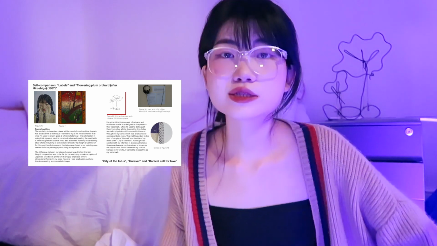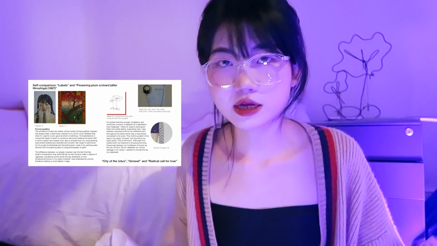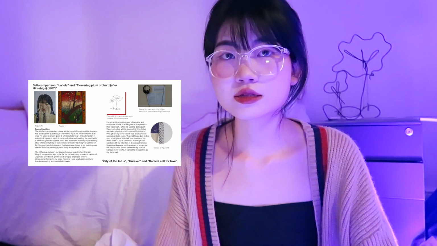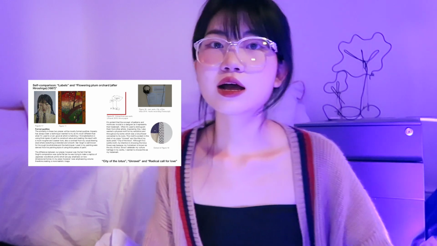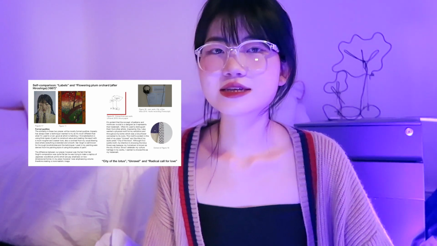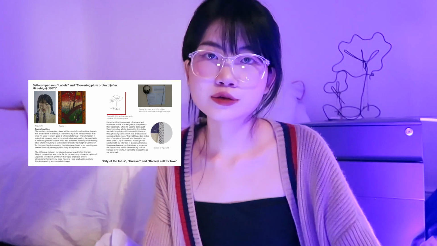Linking my own work to Marine Serre's work, we both used motifs. In her designs, the crescent moon is obviously her motif, and similarly in my work I have my lotus leaf, which is inspired by the name of my hometown in China.